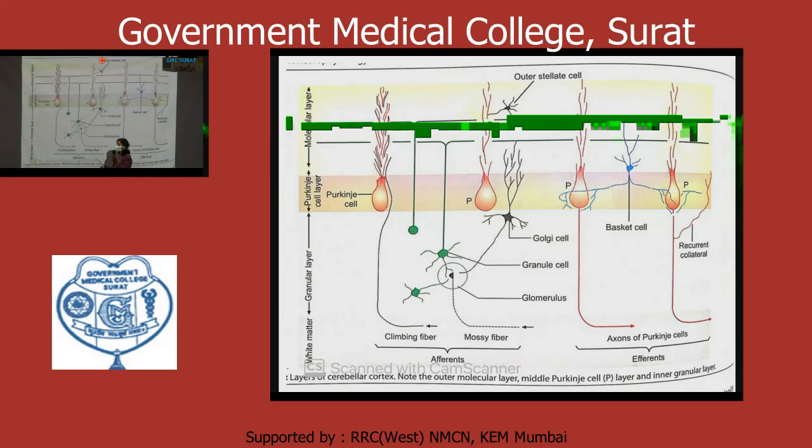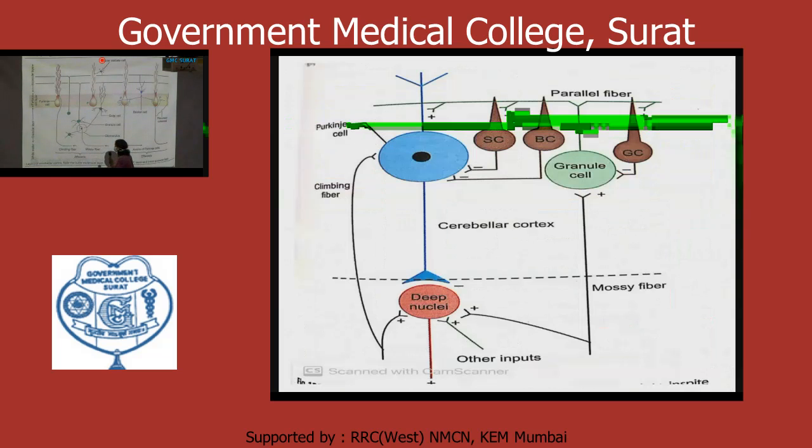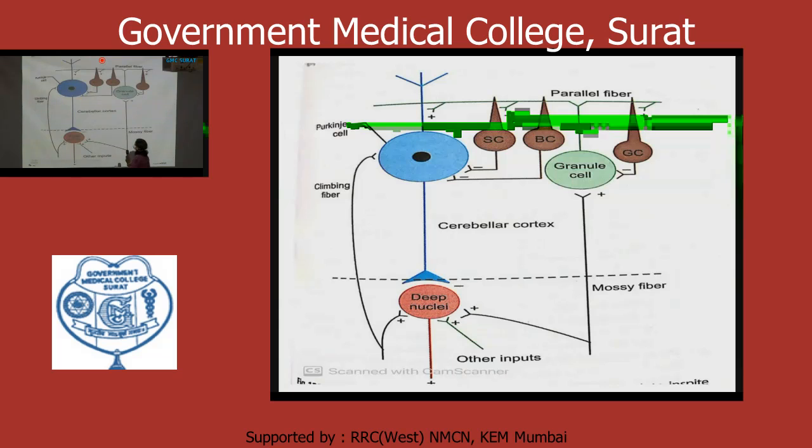Next. Here you can see in this diagram, as I had told you, the Purkinje cell output goes to the deep nuclei. These deep nuclei not only receive input from the Purkinje cells, they also receive the mossy fibers, and the climbing fibers directly excite the deep nuclei.